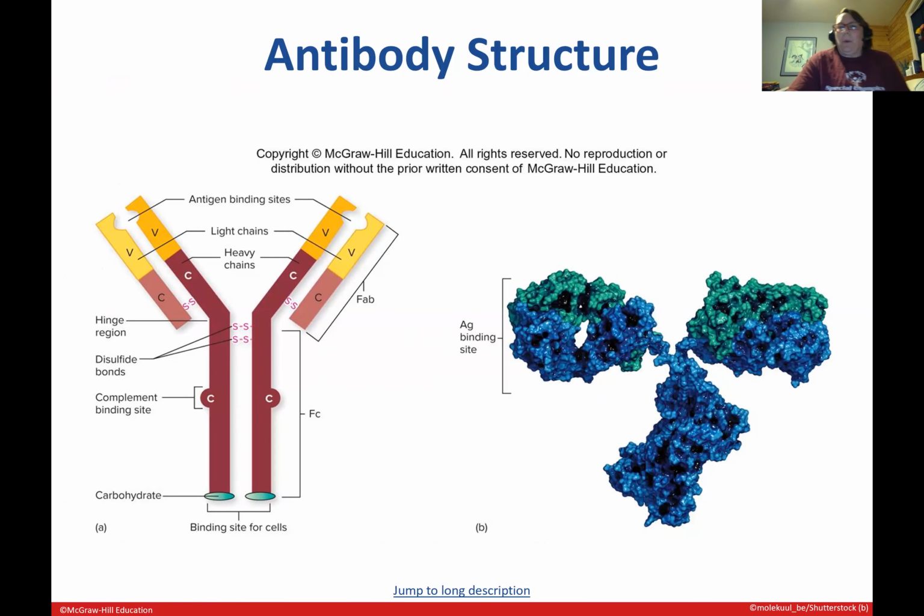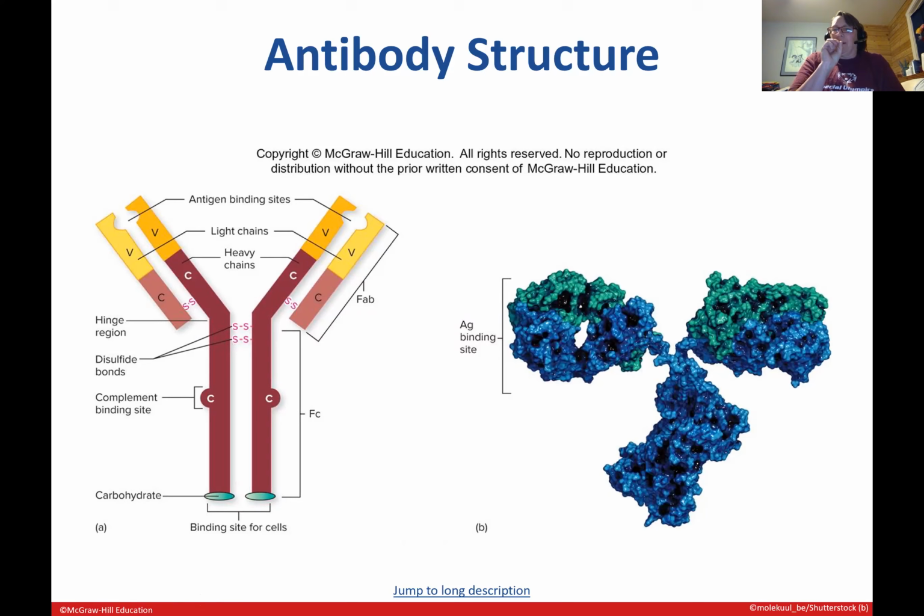Okay, so before we launch into talking about the Fc area of the antibody in detail, I wanted to remind you where that is. The Fc is the constant area of the antibody. It is the long portion of the Y, as opposed to the two arms of the Y, which are the variable regions.